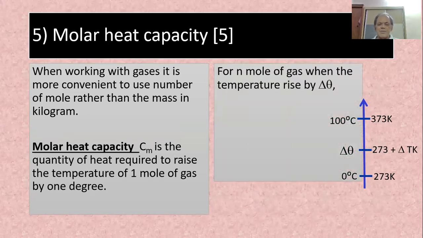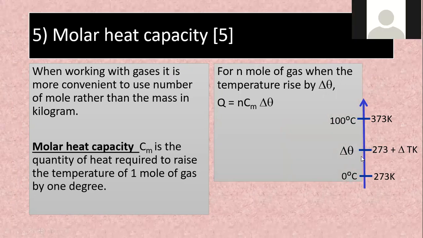So for n moles and a temperature rise of delta theta, the heat is n CM delta theta. The key thing to remember is that this is your Celsius degree. To convert to Kelvin, we just add 273.